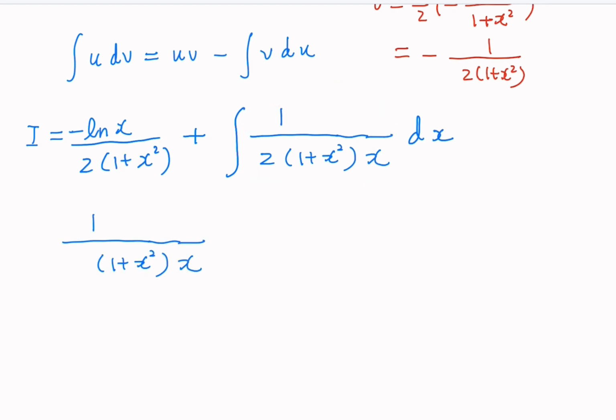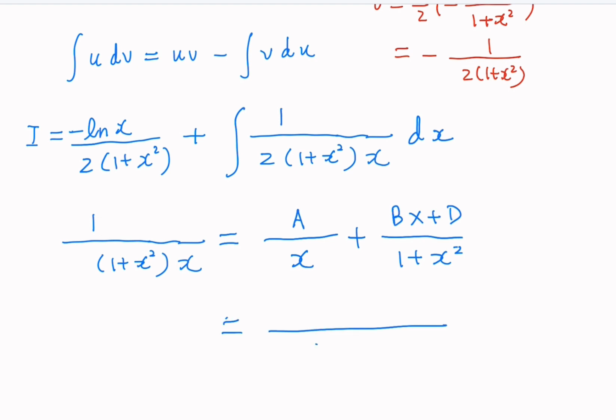So assume that 1 over x times 1 plus x squared is equal to a over x, where a is a constant that we don't know, plus, since this is quadratic in the bottom, a linear term in the numerator, that is bx plus, let's say, d. We don't use c because c stands for the constant term for the indefinite integral.